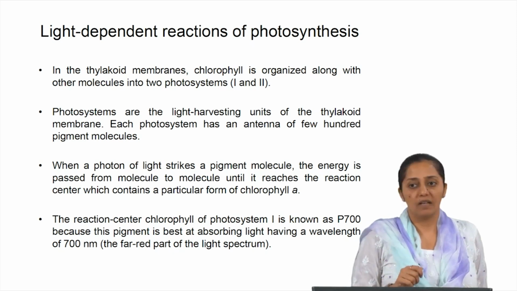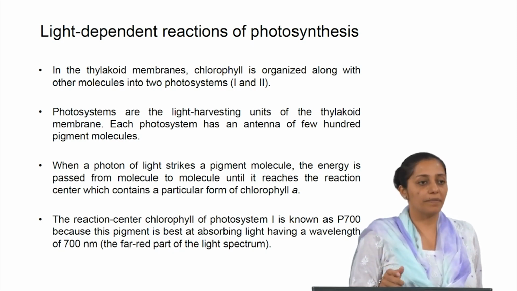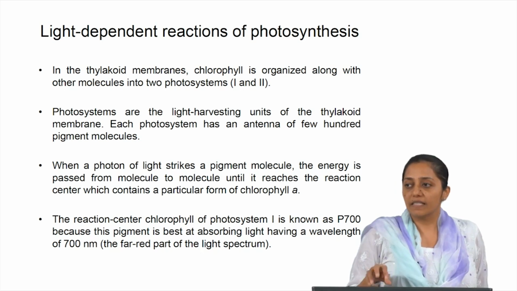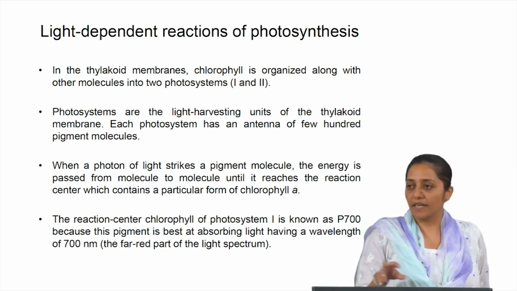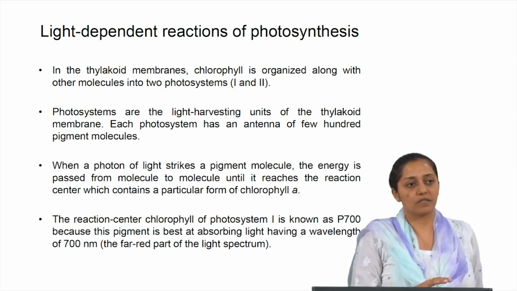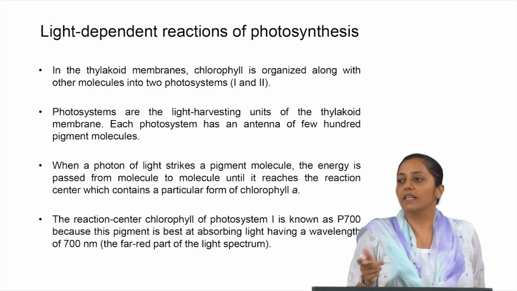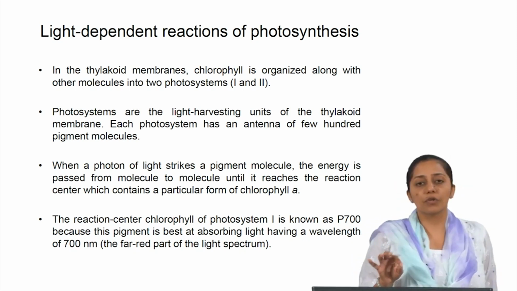Why do you think? This difference in absorption properties happens because chlorophyll is in conjugation with other proteins present in the reaction center. Because it combines with other proteins in the two photosystems, there is a difference in the absorptive properties.